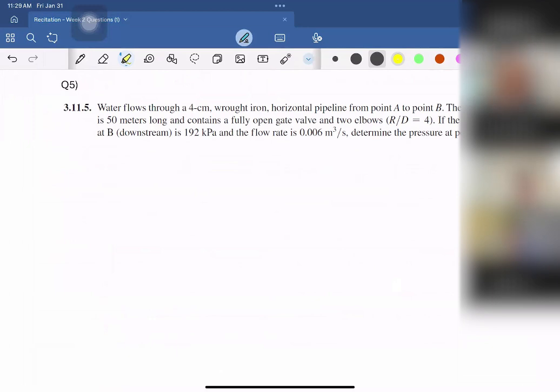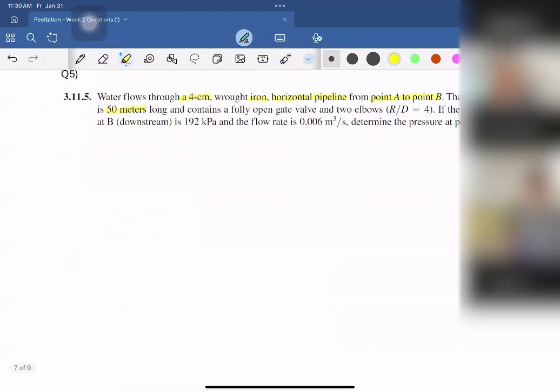Here we have another pipe question. So the diameter is given as 4 centimeters in a wrought iron. The important thing is it's a horizontal pipeline from point A to point B. The length is 50 meters.